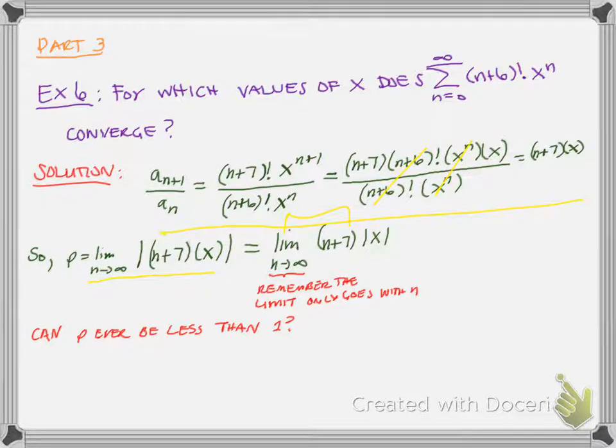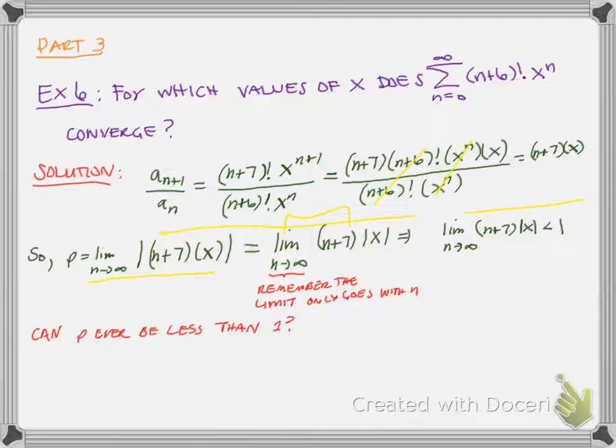We know it's going to converge absolutely when the limit as n goes to infinity of n plus 7, times the absolute value of x, is less than 1.